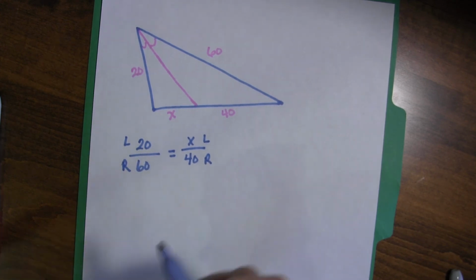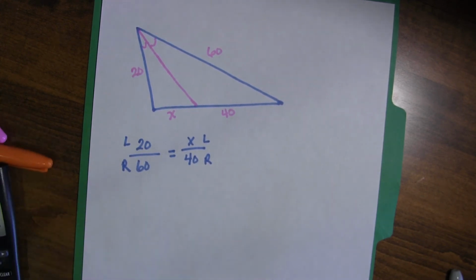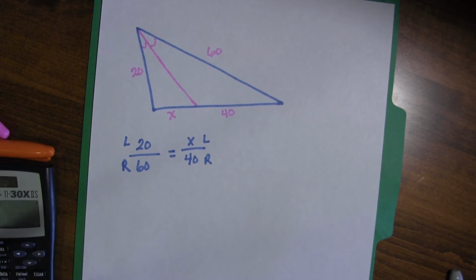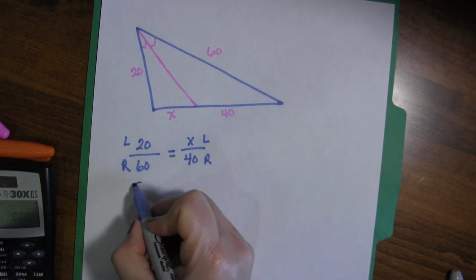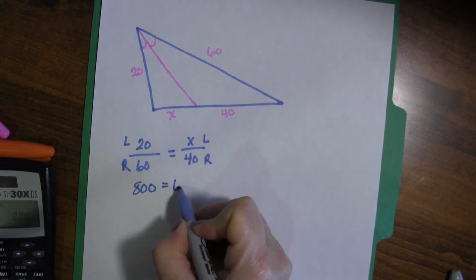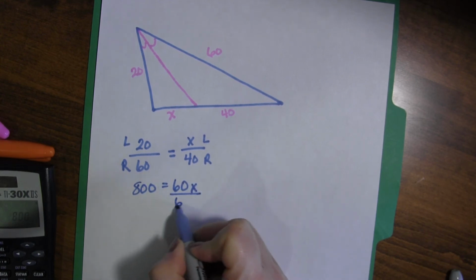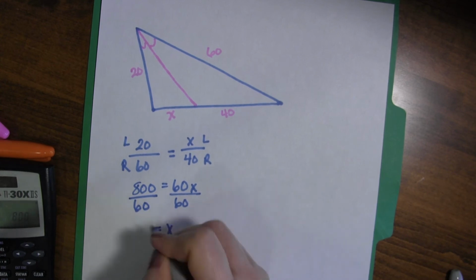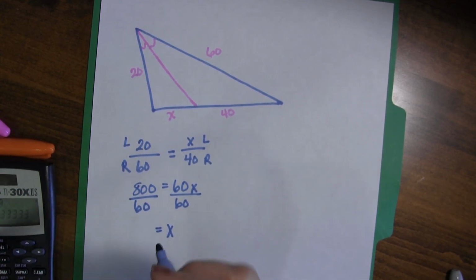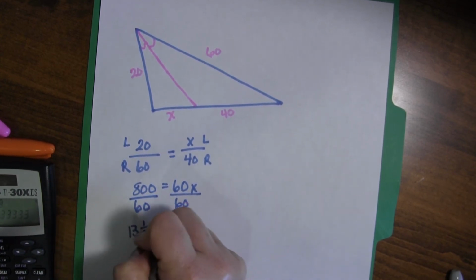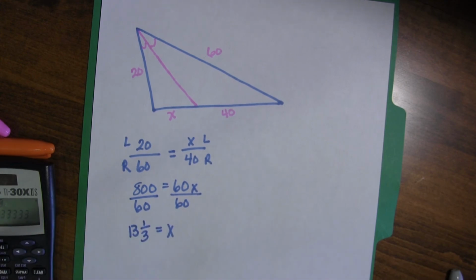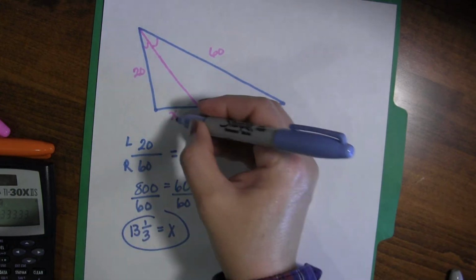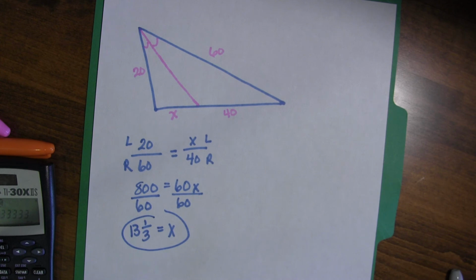So this is 20 times 40, which is, I think, 800, but let me just check. 20 times 40 is, yes, it's 800. 800 equals 60x. Divide both sides by 60. And I get x equals 13 1/3. Wow, I really seem to be stuck on these thirds, right? So x is 13 1/3.